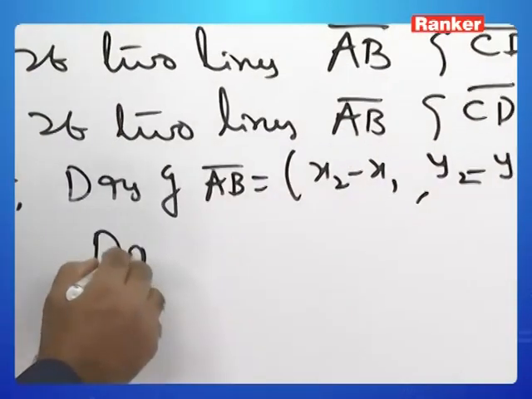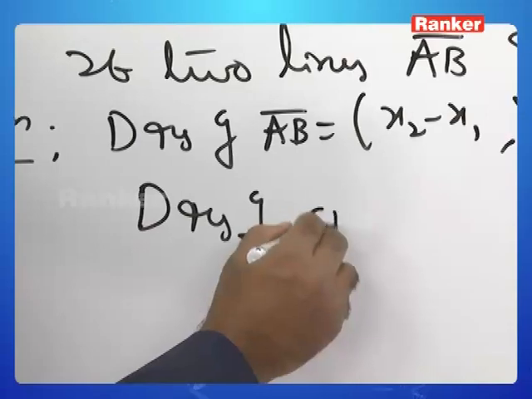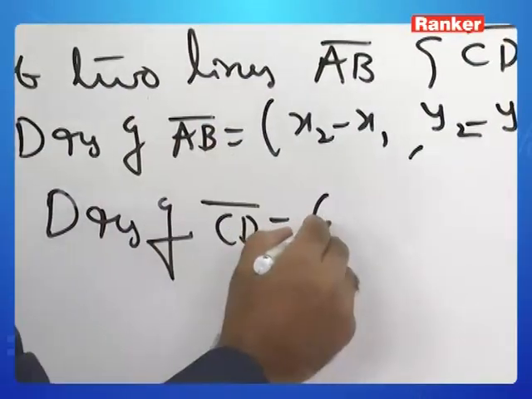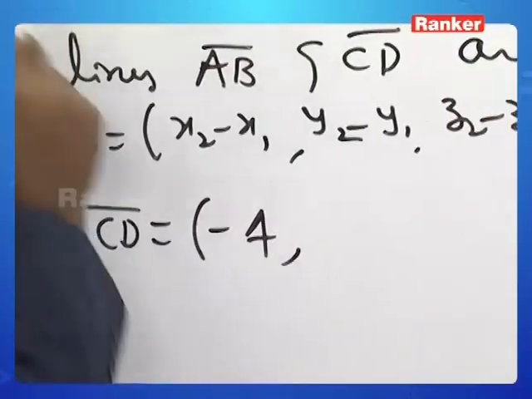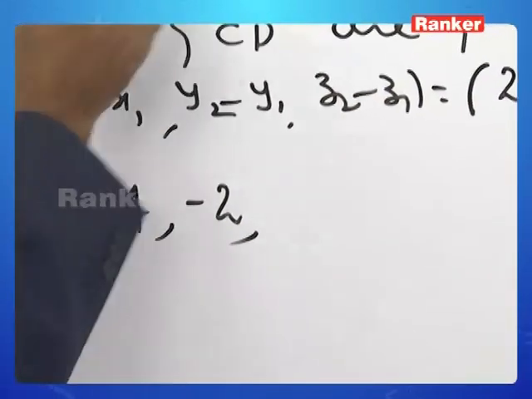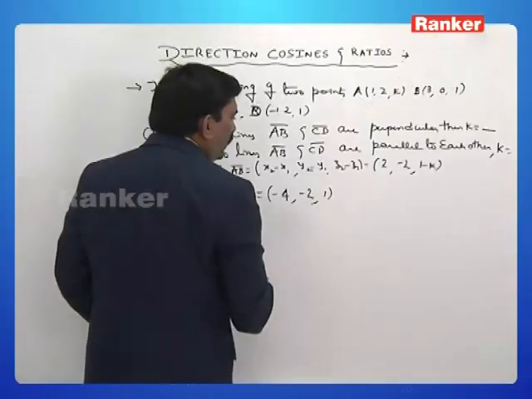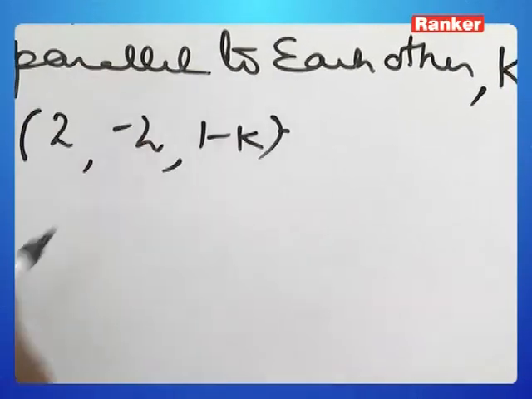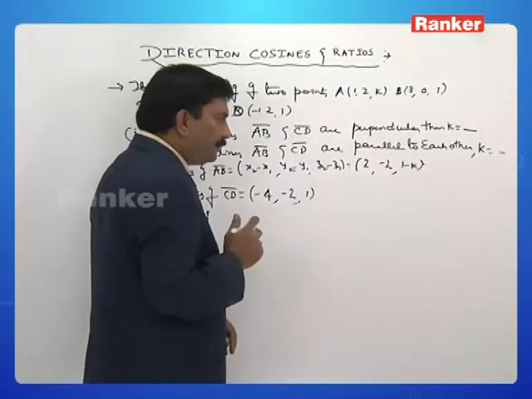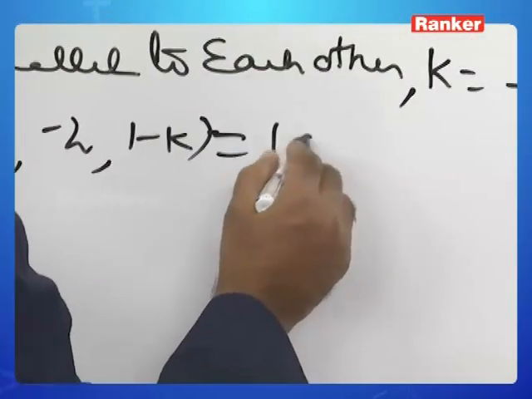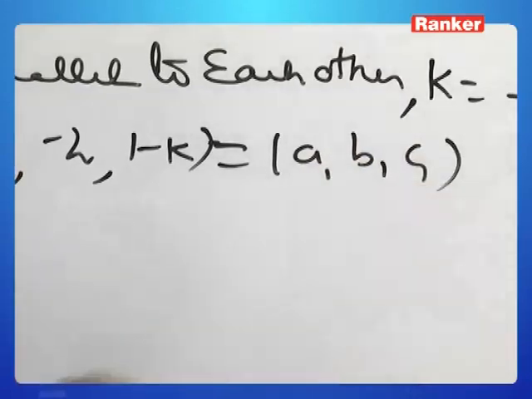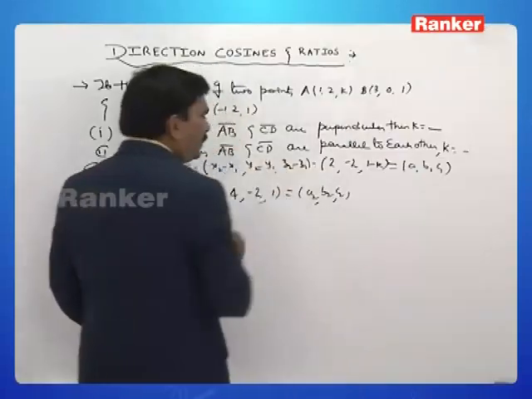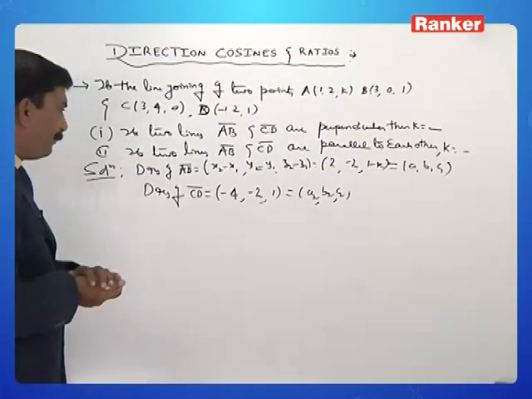Then the DRs of CD bar: minus 1 minus 3 is minus 4, 2 minus 4 is minus 2, and 1. If I take these as A1, B1, C1 and A2, B2, C2, this is the DRs of CD bar.